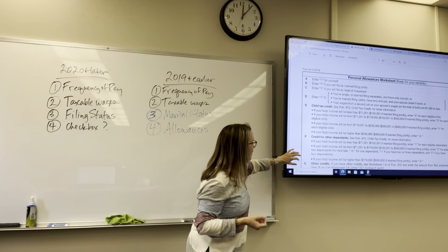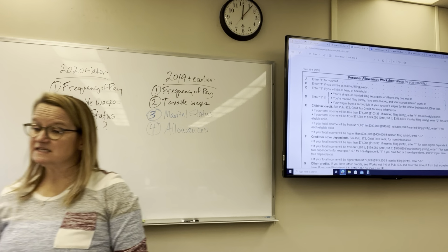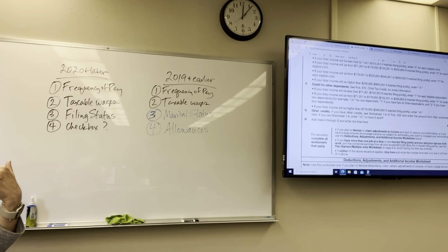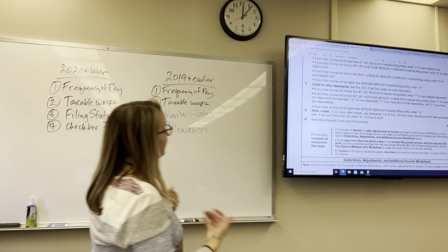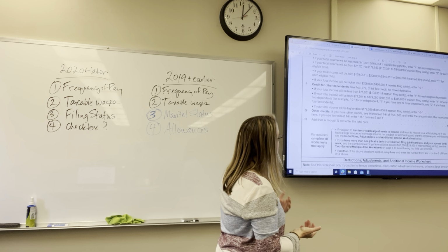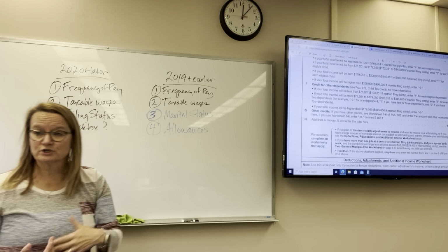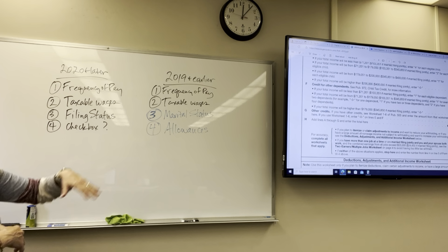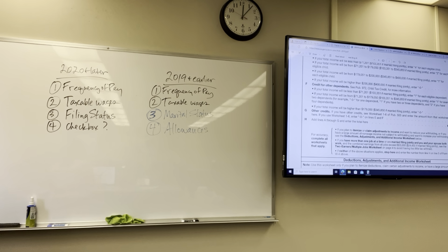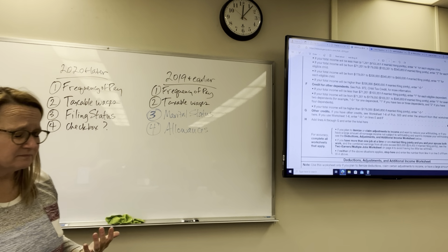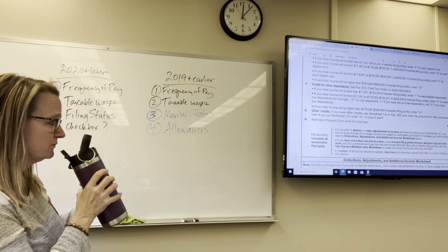Okay, so once you've gone through credit for other dependents, and you can see it's very similar to those allowances on Iowa. Any other credits as well. And there are separate worksheets that employees can use to determine whether or not they qualify for any of these additional credits, or additional allowances, sorry.